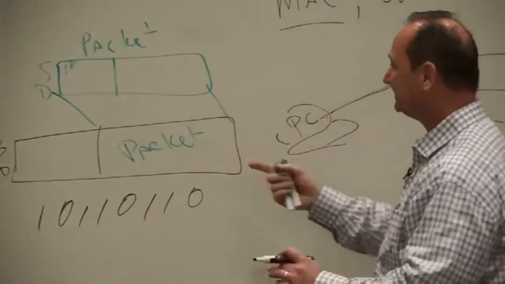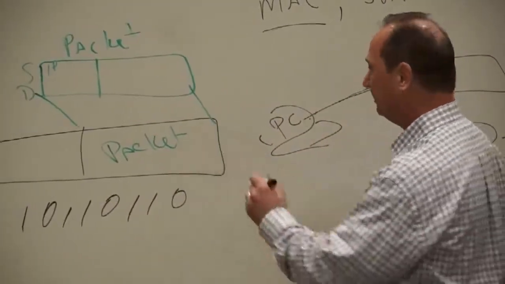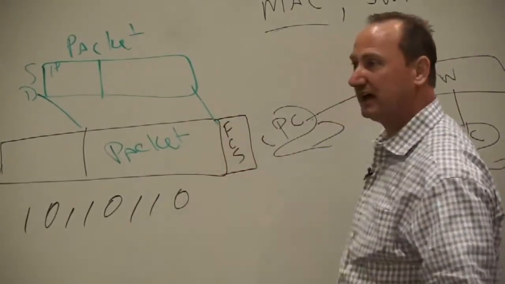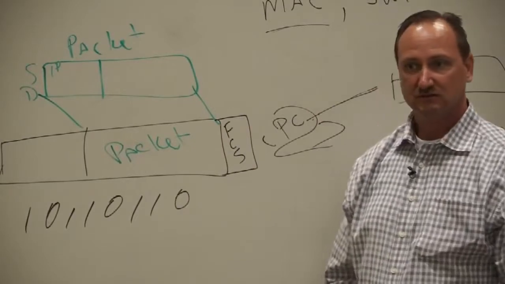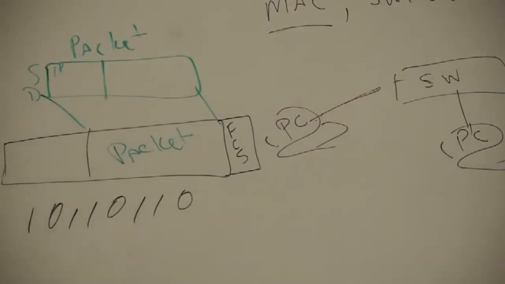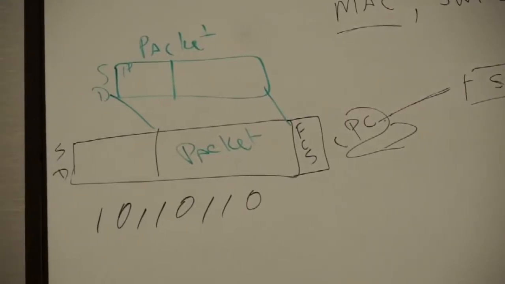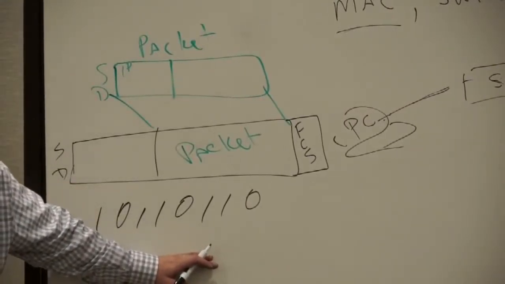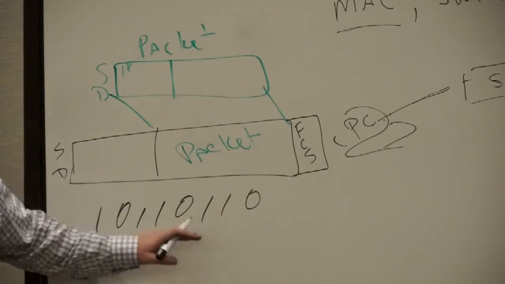So at the end of every frame, we have an FCS, a frame check sequence. Some people call it a CRC, cyclic redundancy check. And all it is is a formula. When he's getting ready to send these out in ones and zeros, he's the only place that knows where it's at.